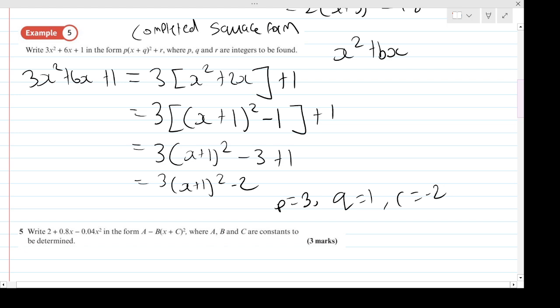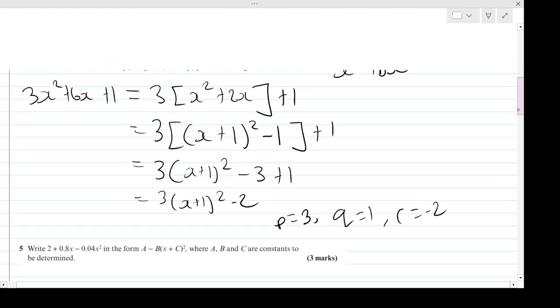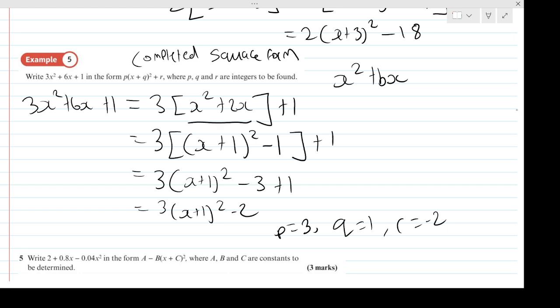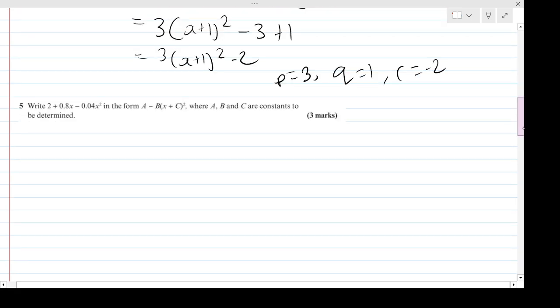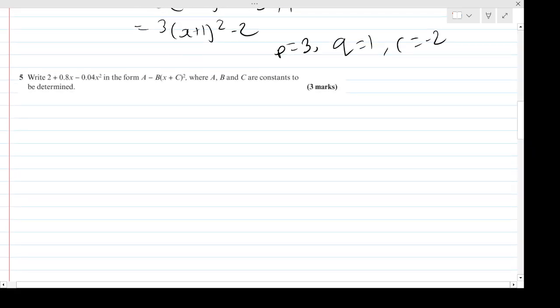If we have a number in front of the x squared, we factor that number out, and then if we have a number at the end, we just tap that number on after. So really, the whole idea is we complete the square of the bit inside, and then we go from there. Okay, have a look at another example to really reinforce what we've done.